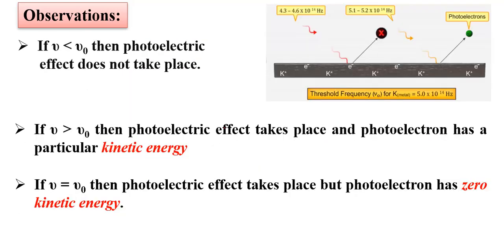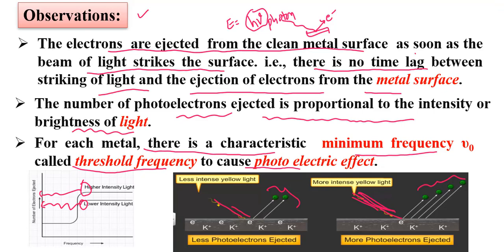Next, see the last point again. For each metal there is a characteristic minimum frequency, nu naught, called the threshold frequency.